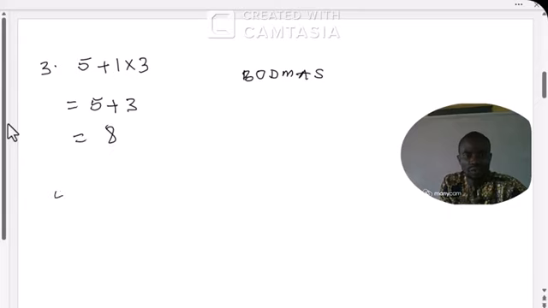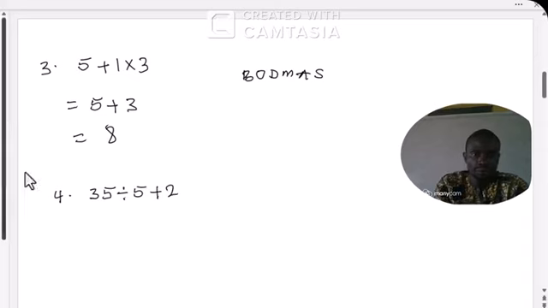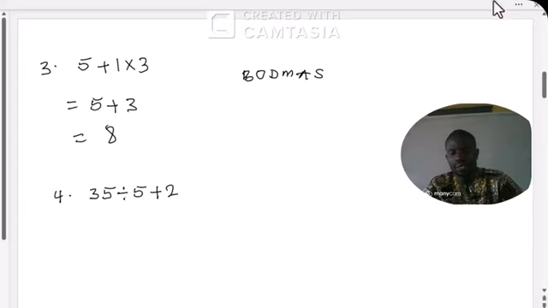Now another example is 35 divided by 5 plus 2. Okay, here we have two operations, division and addition.